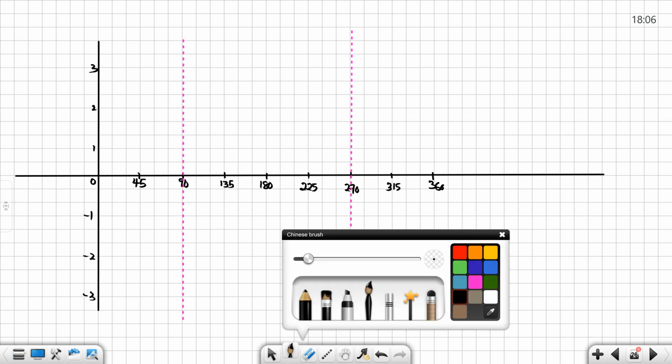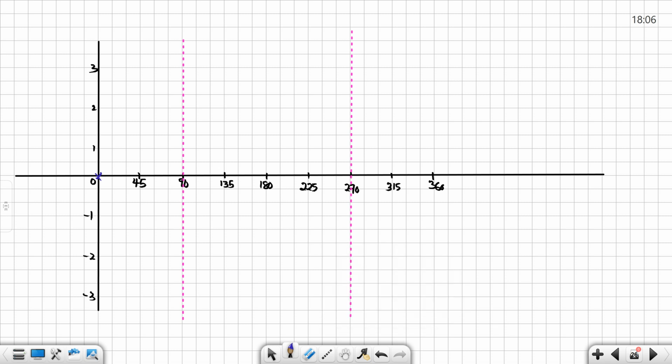At 0, it is 0. At 45, it is negative 3. 90 is an error. 135 gives 3 there. 180 is 0. 270 is an error. 315 gives 3. 360 is 0.